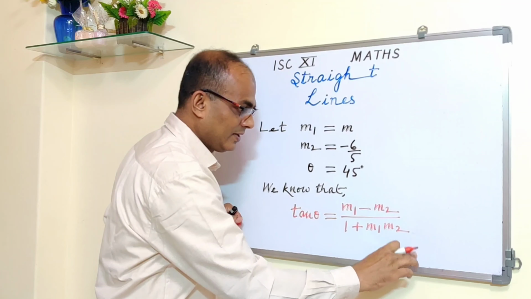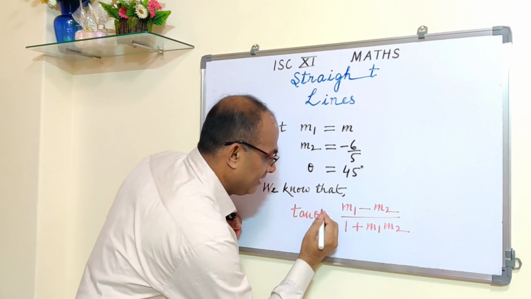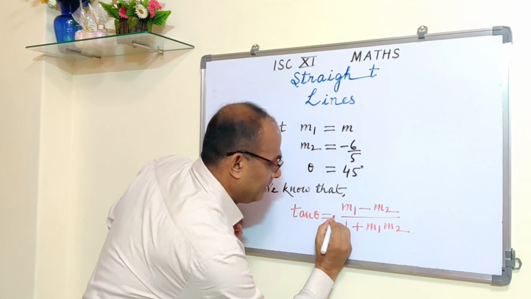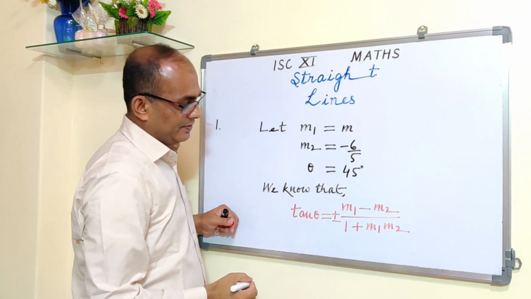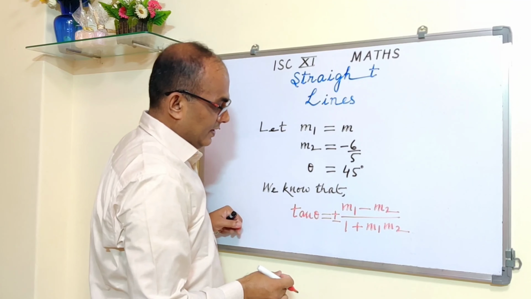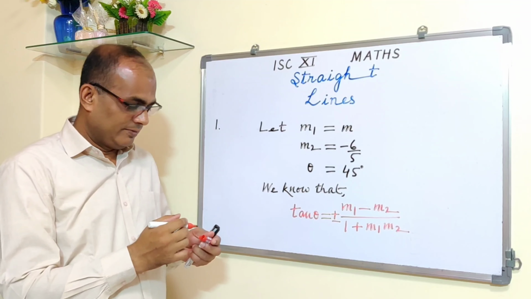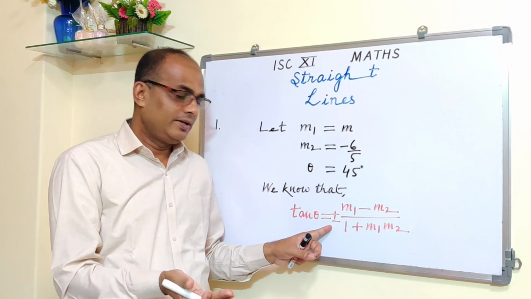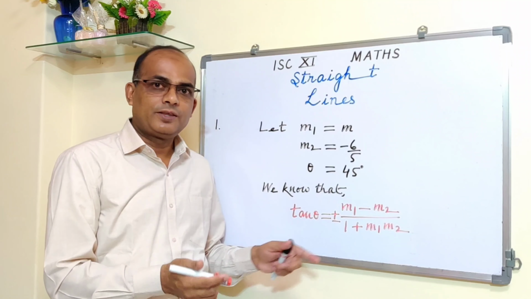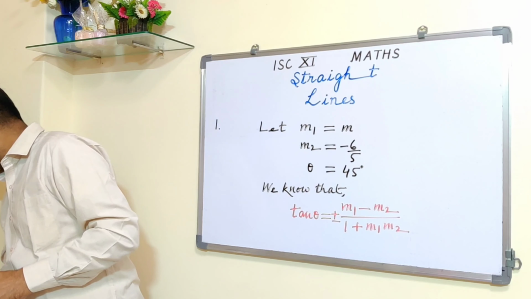So tan theta is equal to plus minus m1 minus m2 upon 1 plus m1 m2. Once we'll take the plus sign, and then second time we'll take the minus sign, when theta is acute and when theta is obtuse.